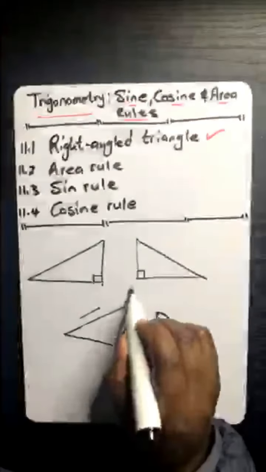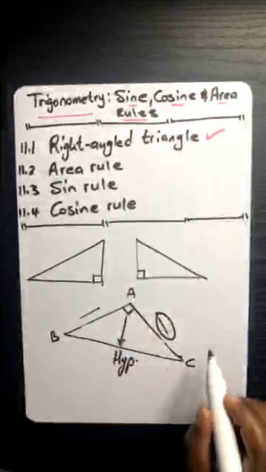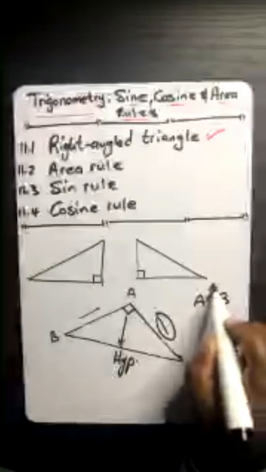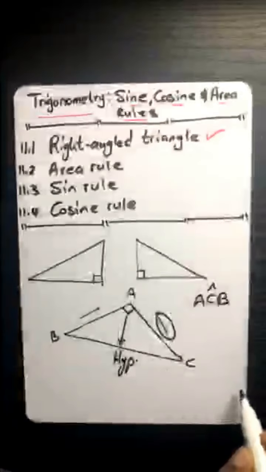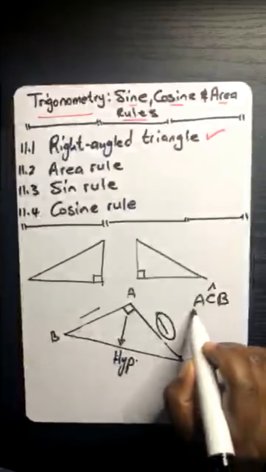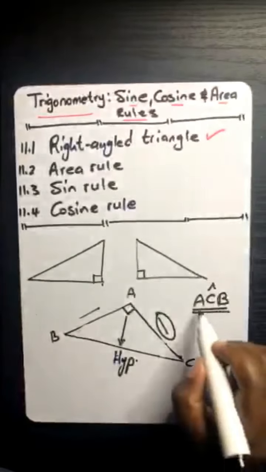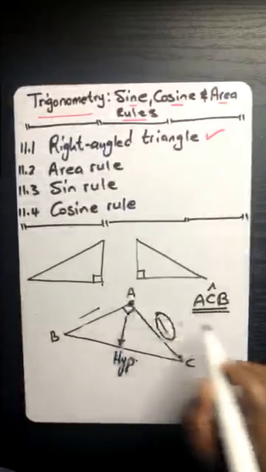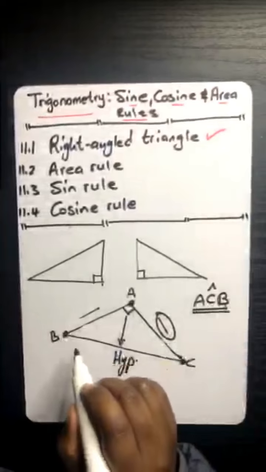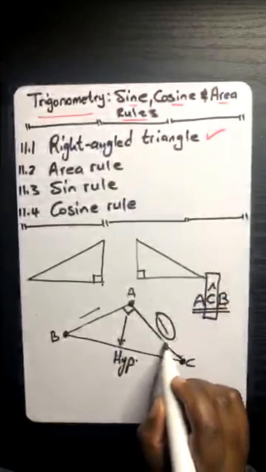What they like doing is to say A, B, C, and then they say in triangle ACB, what is angle C? Can you see? They did not write theta there, but because of this statement, or the manner in which that is written, it simply means in triangle ACB we are concentrating on angle C, which means the angle that they're talking about is that one.